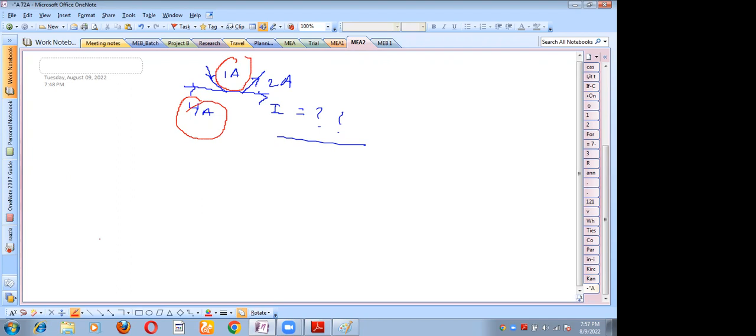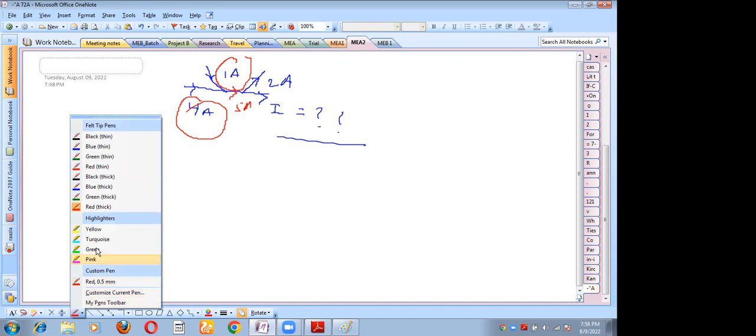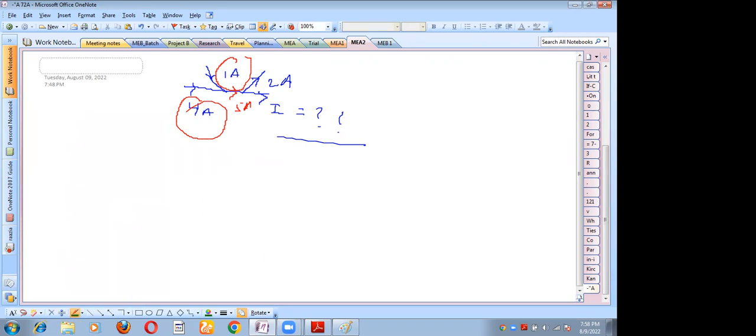What will happen when they meet at the junction? What will be the current flowing here? 5 ampere. Understood this one? How is it 5 ampere? When they meet at this junction, 4 ampere is coming from this side, 1 ampere coming from this side. So both will meet together and 5 ampere current will flow here.